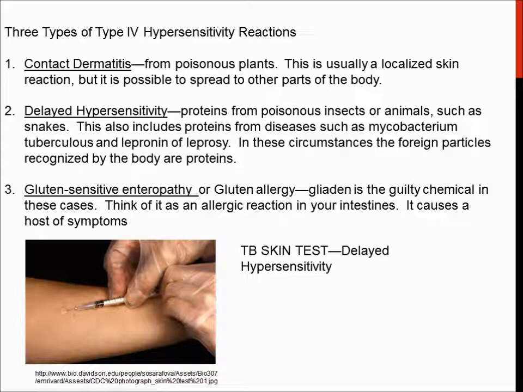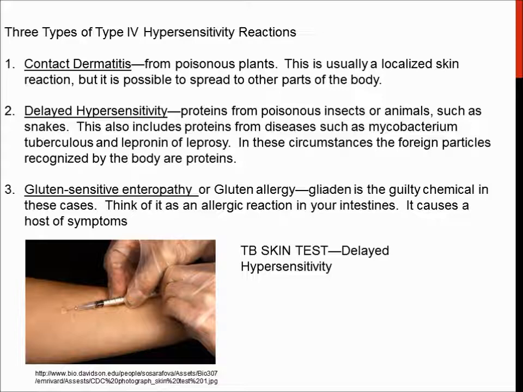Usually these plants are very common in the state of Texas, unfortunately, and they are plants such as poison oak, poison ivy, and poison sumac. This is usually a localized skin reaction, but it is possible for it to become systemic and involve all parts of the body. The second type is delayed hypersensitivity.